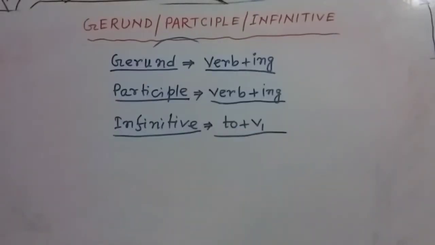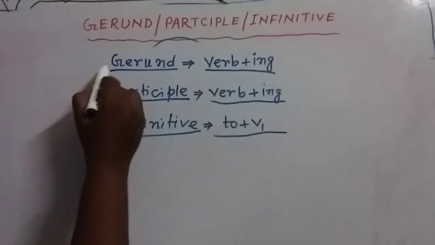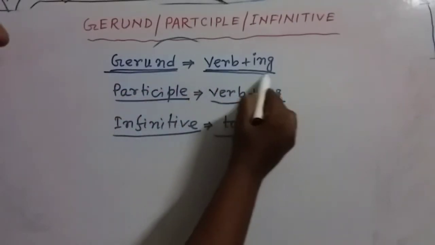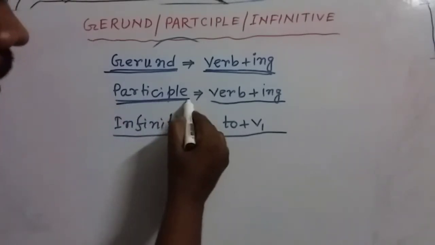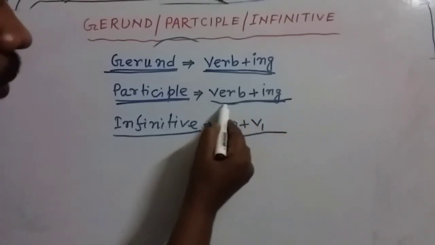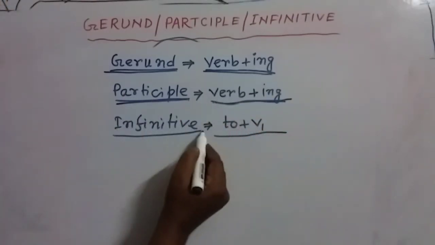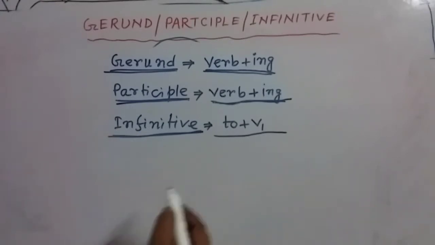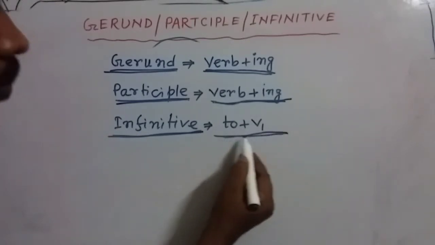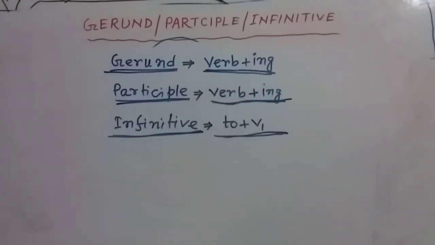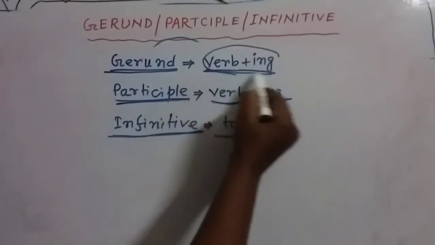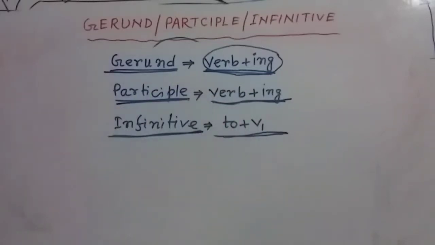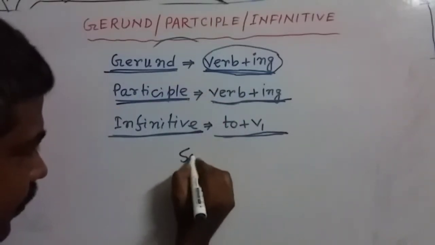My dear friends, the form of gerund is the present form of the verb plus ing. Participle, the same thing, present form of verb plus ing. And the form of infinitive is to plus present form of verb. Present form of verb, just like swim.